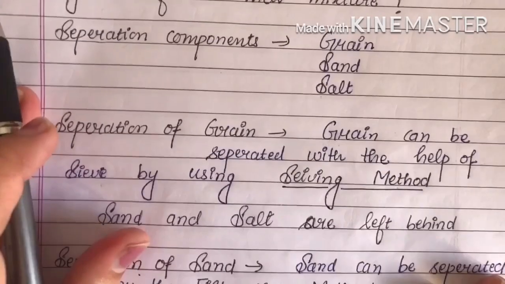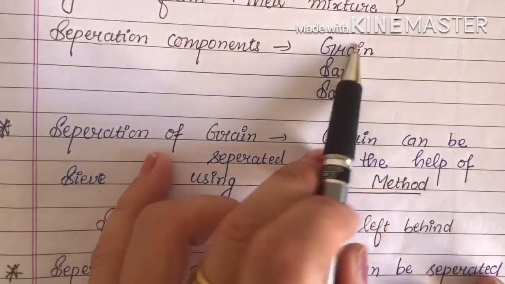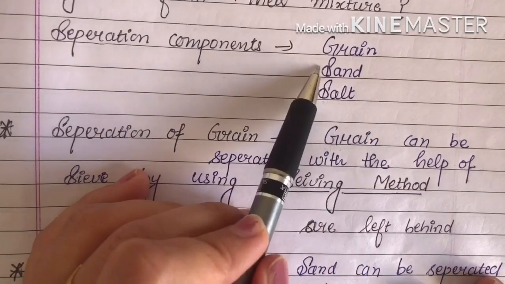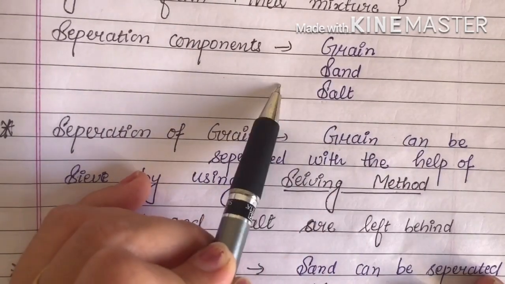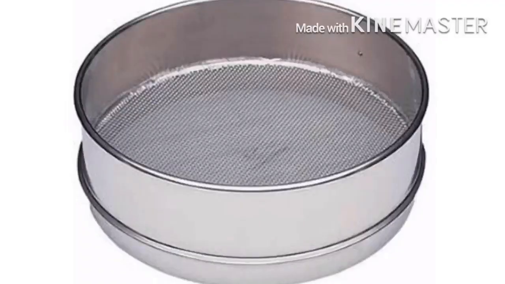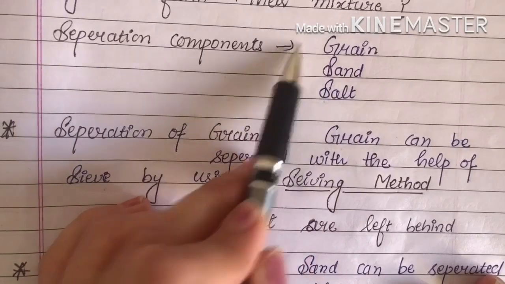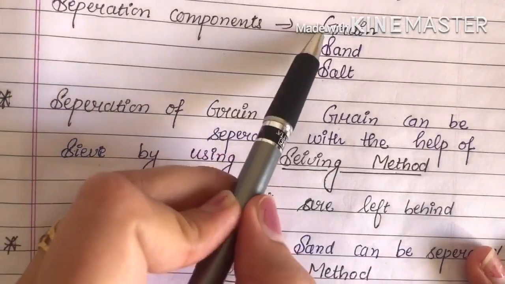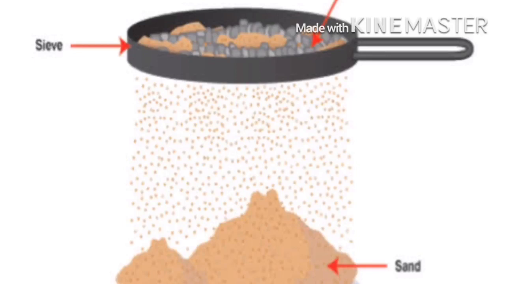Firstly for grain, you know that the grain size is larger as compared to the sand and salt. So we separate the grain with the help of a sieve. By using a sieve we separate the grain from the mixture of grain, sand and salt. So for grain we use the sieving method.